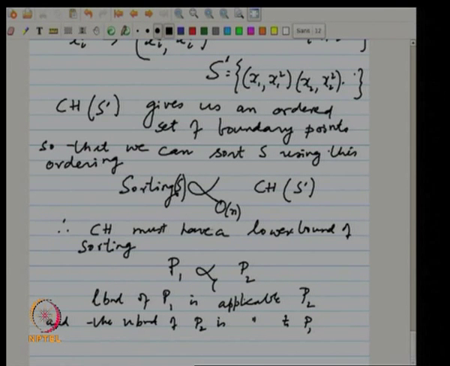Of course, this must also happen in some efficient time. I have not been mentioning this, but hopefully you are familiar with reducibility in time f of n. So, this f of n cannot be too large. If this was not order n reducible, but let us say order n log n reducible, it did not mean a thing.